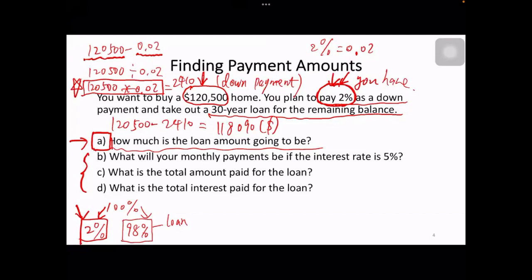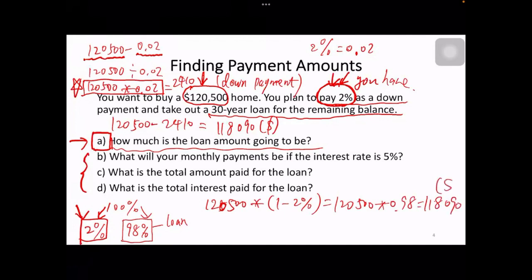So that's why the loan amount, we can calculate it directly by house value, 120,500 times (1 minus 2%), which is 98% of the house value, times 0.98. And then you will get exactly the same result.